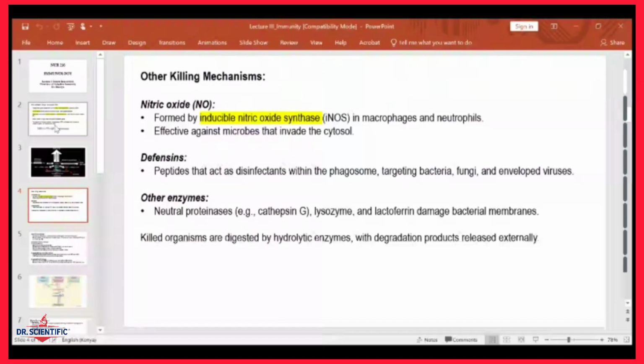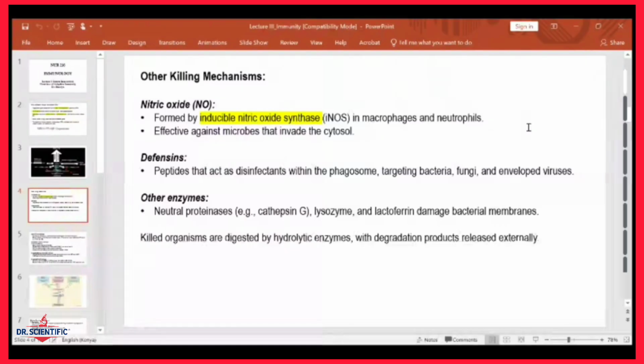We can also have scenarios where phagocytosis is still happening, but nitric oxide is generated, usually from inducible nitric oxide synthase. This is the enzyme that generates nitric oxide. This can be done in macrophages and neutrophils.